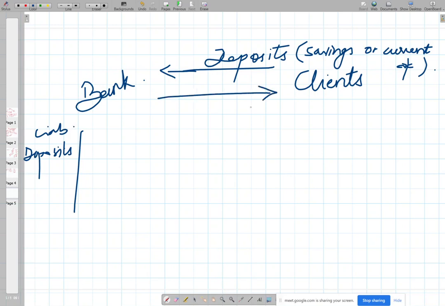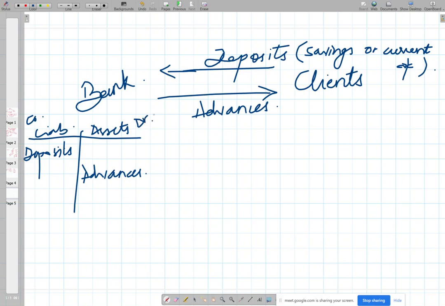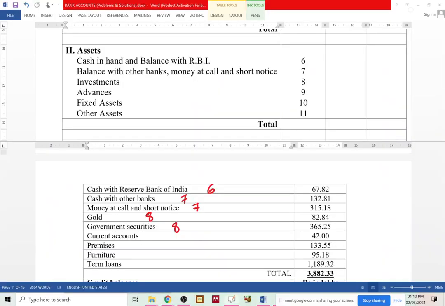Whereas, if the bank is giving some loans to the business or to the clients, it is going to come under the asset side, that is advances, correct, schedule 9. So, if current account is actually a liability, please understand that liabilities are all credit balances, assets are all debit balances. So, if current account is a liability, why is this current account showing you a debit balance?